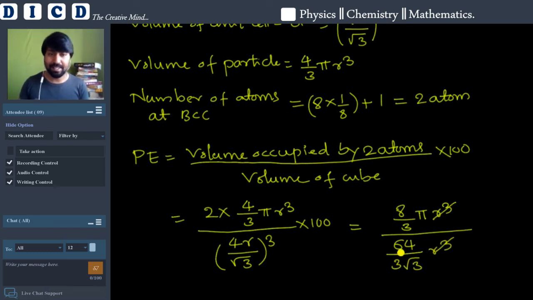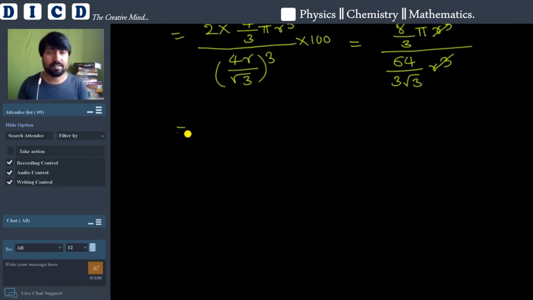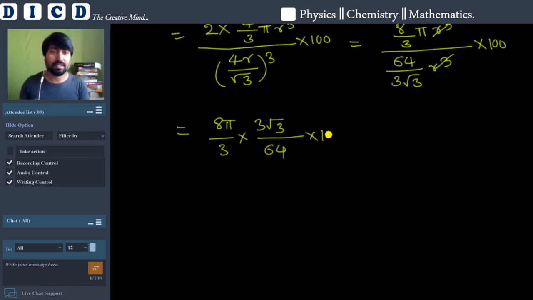We have around 64: 4 into 4 is 16, 16 into 4 is 64. These two R cubes get cancelled, and then we get 8 pi divided by 3 into 3 square root of 3, multiplied by 100, divided by 64 into 100. In the next step these terms get cancelled, and 8 eights are, and we get square root of 3 divided by 8 pi into 100.